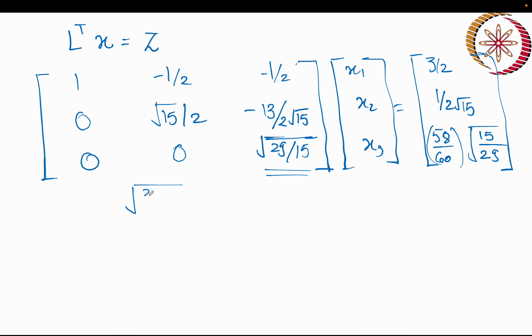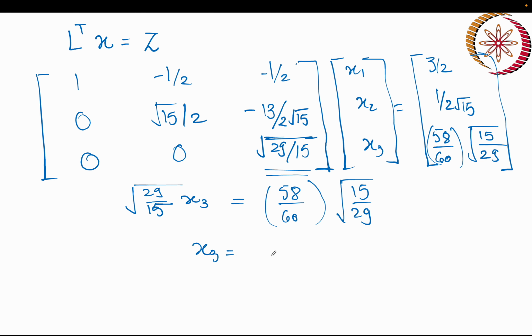So square root of 29 by 15 x3 is equal to 58 by 60 square root of 15 by 29, and x3 equal to 58 by 60 square root of 15 by 29, so it will be 4 and this is 2, so 2 by 4 it will be half.